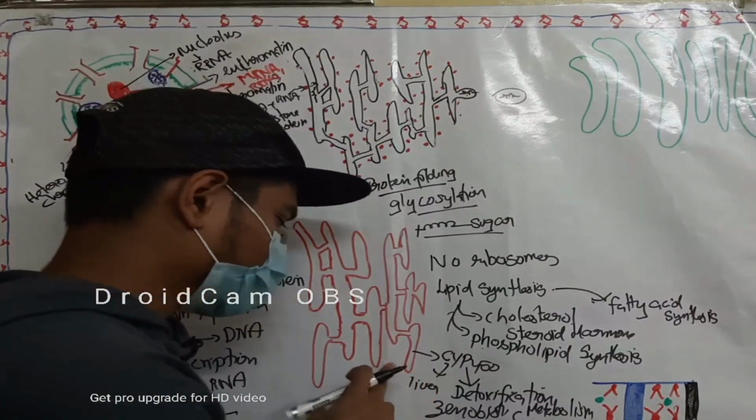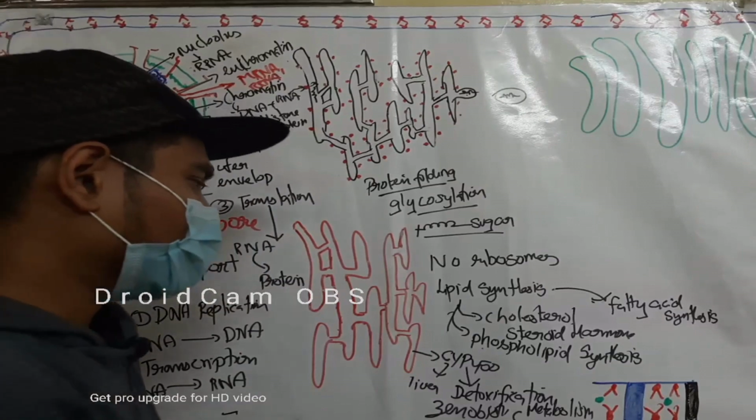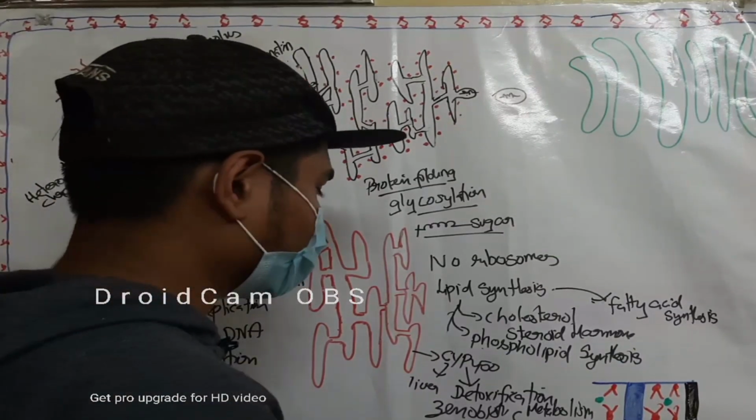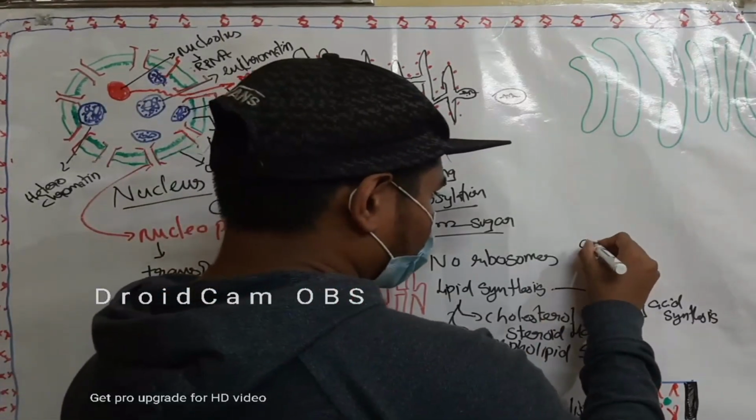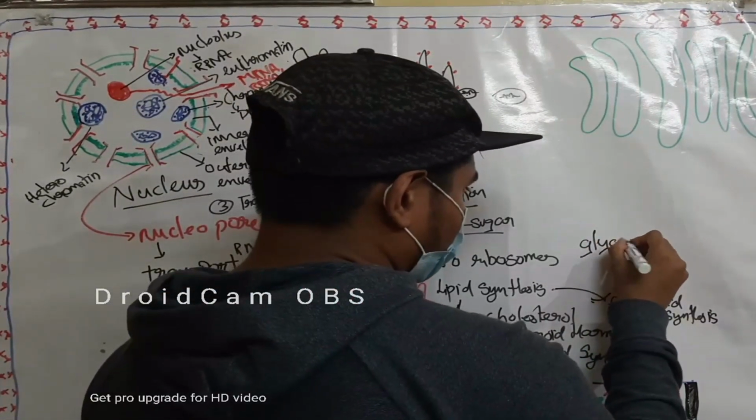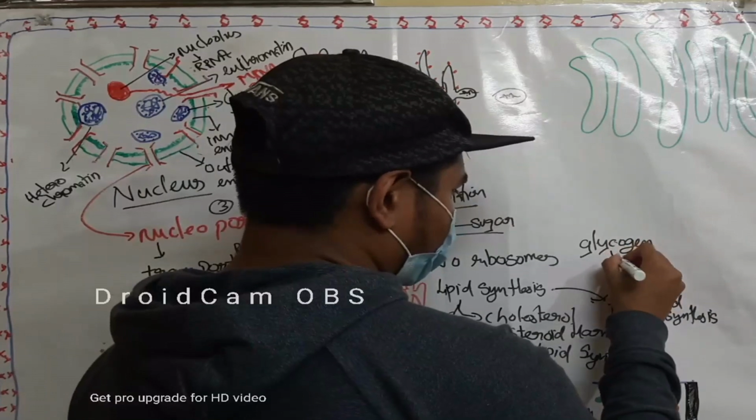The smooth endoplasmic reticulum contains certain enzymes which are involved in the formation of glucose from glycogen. In the cytoplasm, we have glycogen, which is a polymer of glucose.